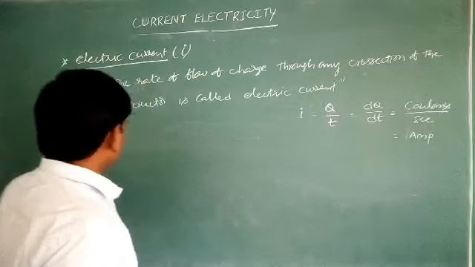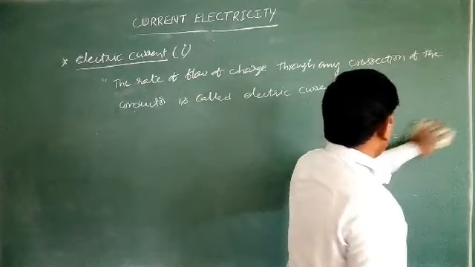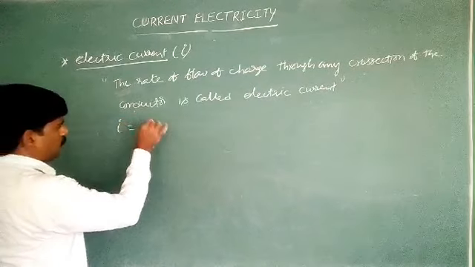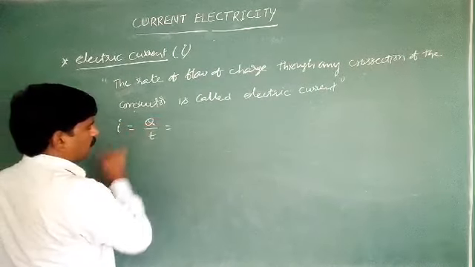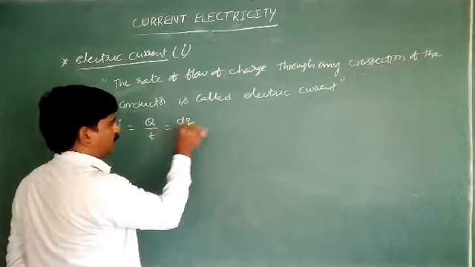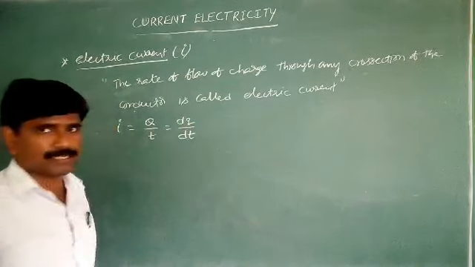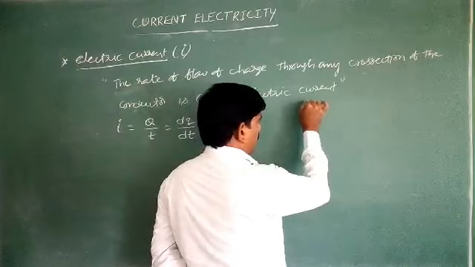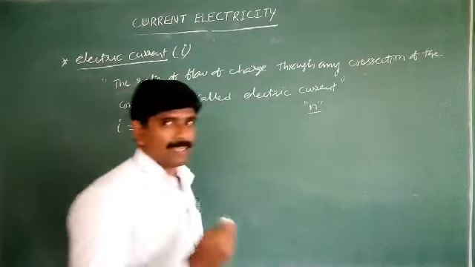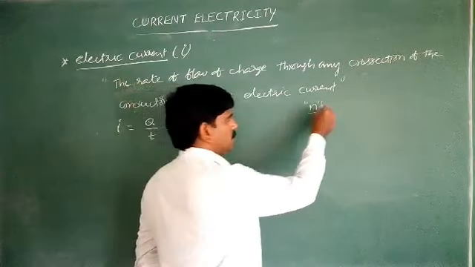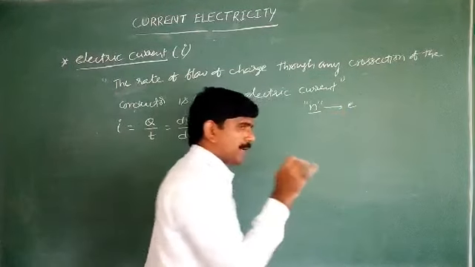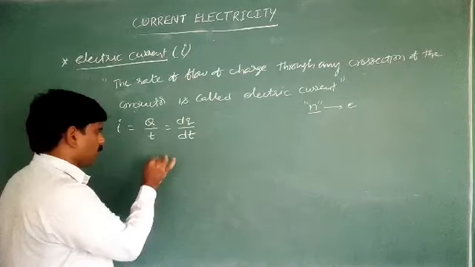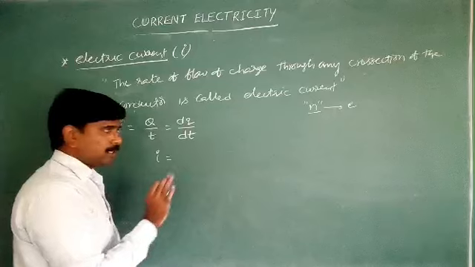Next, we know the current I is equal to Q by T, which is equal to dQ by dt, the instantaneous current. If n electrons pass through the cross section of the conductor, then how much is the current?